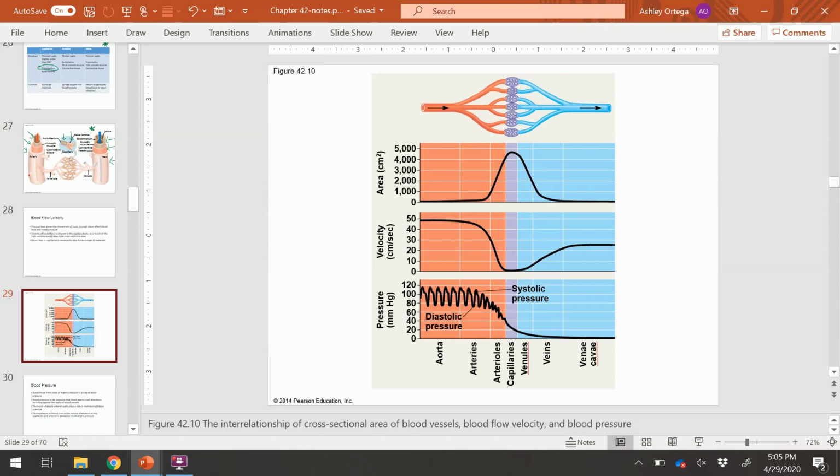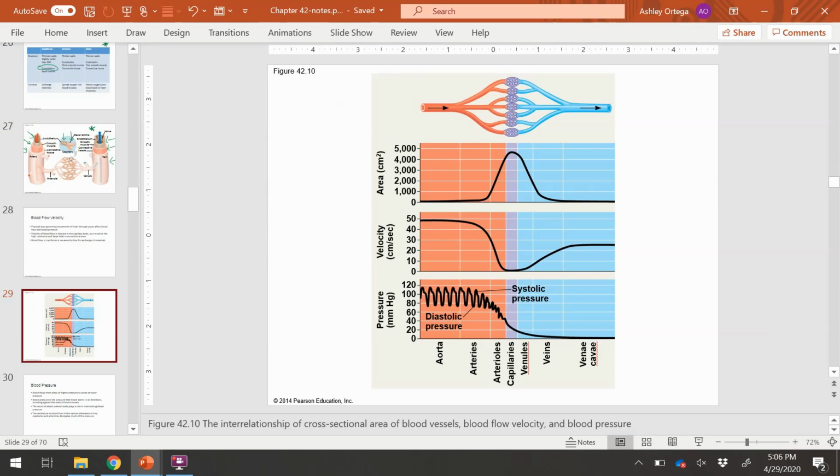Then when it hits the capillaries, it's rush hour traffic, waiting, one blood cell after another going through those capillaries. And then the veins returning it back will slowly but surely get better, so a slow increase in speed, like traffic, is what you would see with velocity.